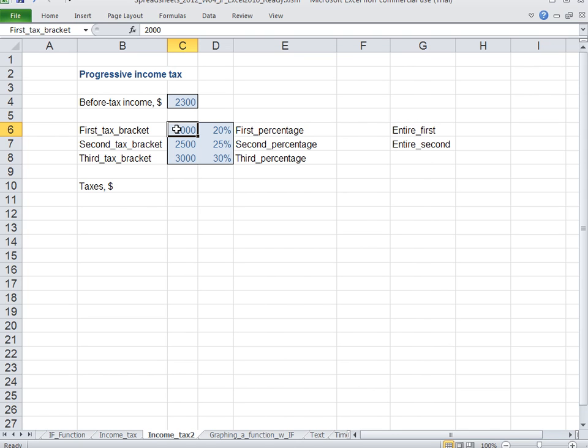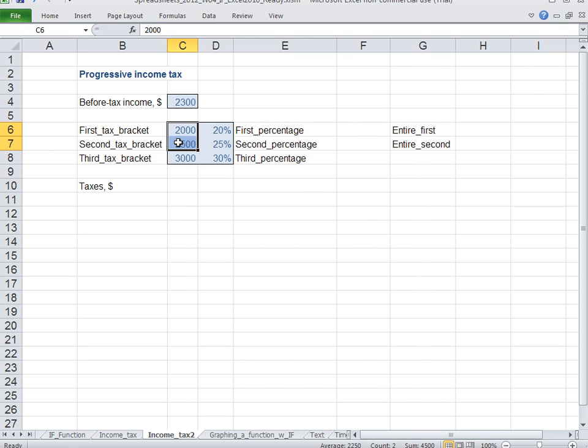So, if you were under the first tax bracket, under 2,000, you would have to pay no income tax. So this is similar to our proportional income tax system. Now, if your salary was between 2,000 and 2,500, you had to pay 20% on the amount that was over 2,000.